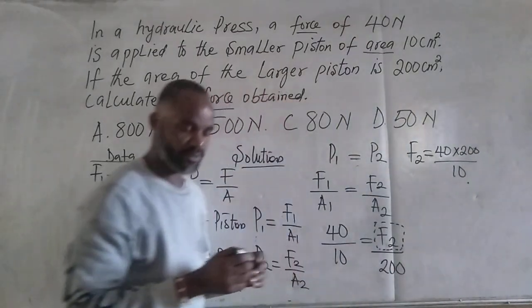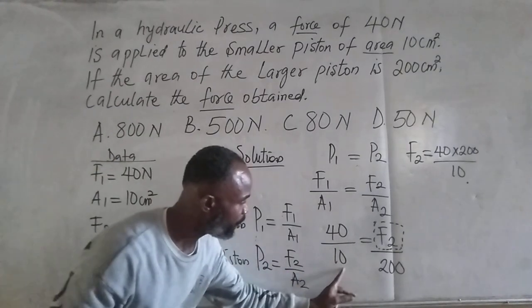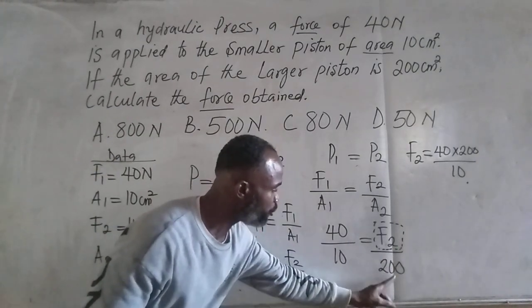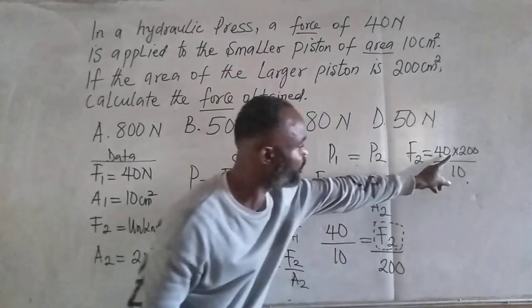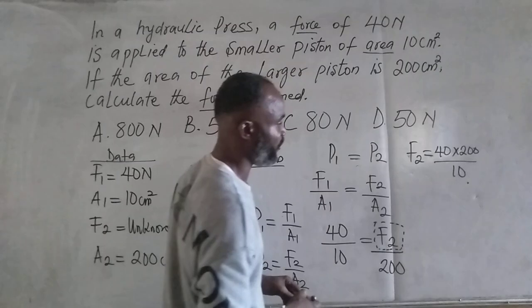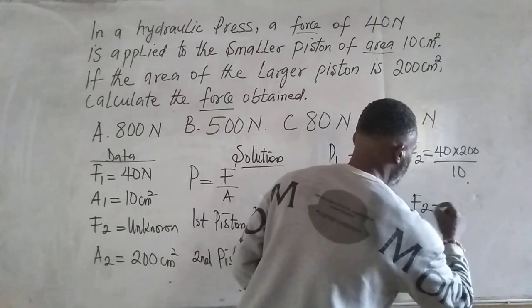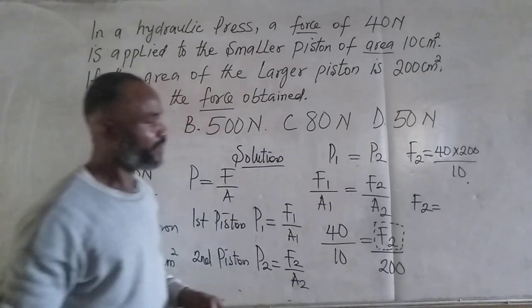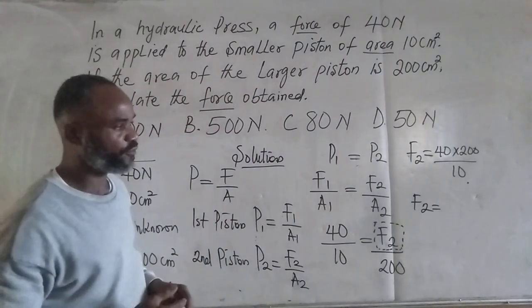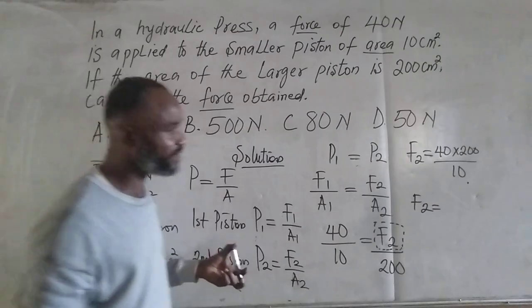Hold on, let's cross check something. 10 will move to F2, and 200 will move to 40. Of course, 40 times 200 should be about 8,000. Am I right?